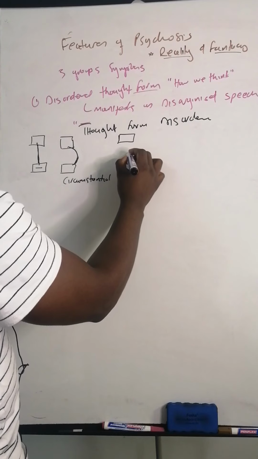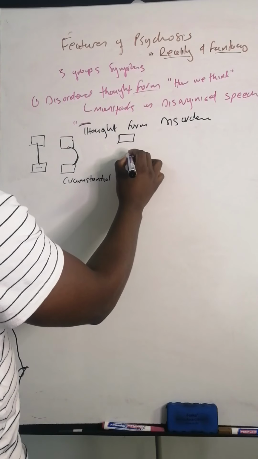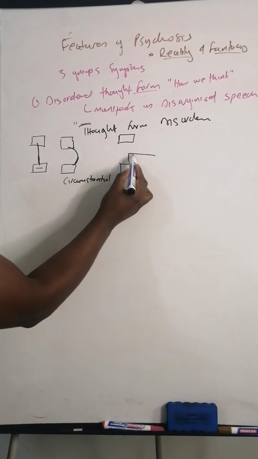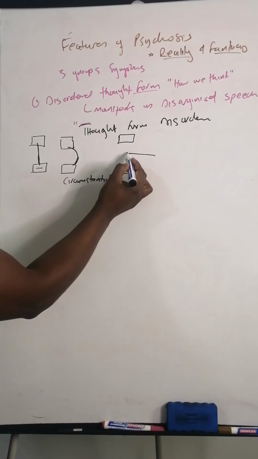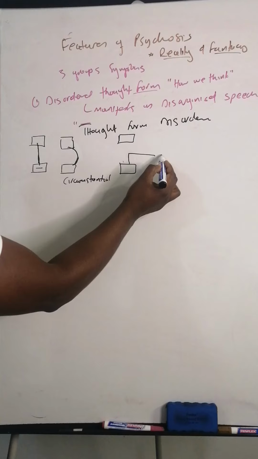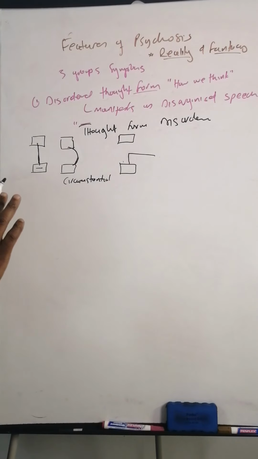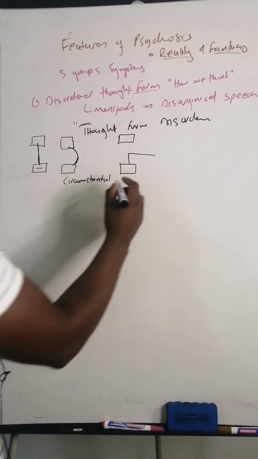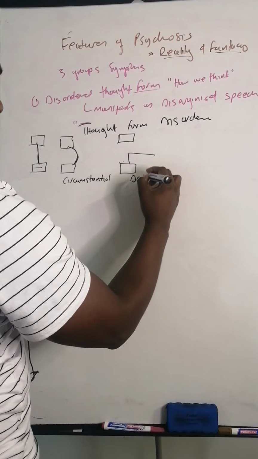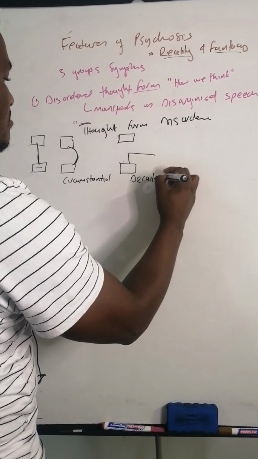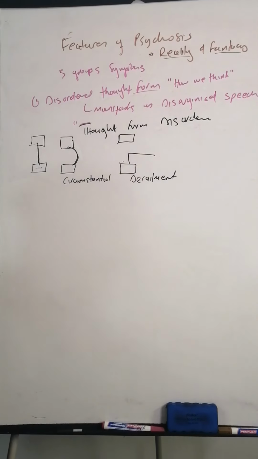Actually, my neighbor yesterday, we had an argument. So this person started well answering, but at some point they drifted away from your answer. They moved away from answering you completely. This is derailment.